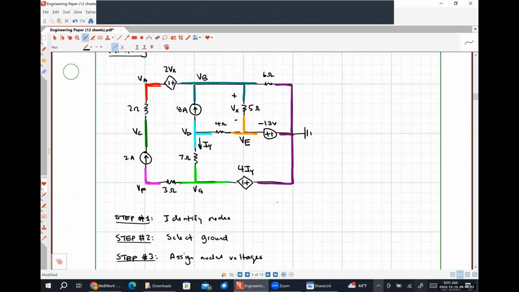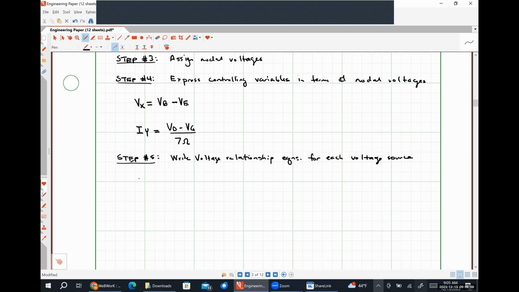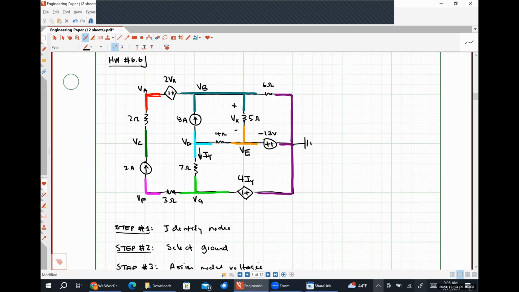Let's start with the 2Vx voltage source on the top left. What's my voltage relationship equation for that going to look like? So 2Vx is equal to VB minus VA. Absolutely correct. Thank you, Liam, if memory serves me correctly.